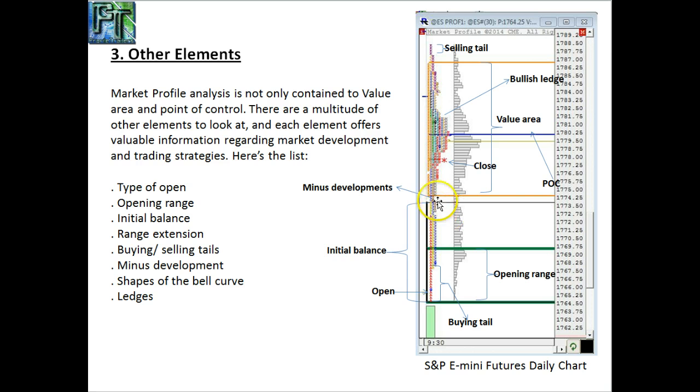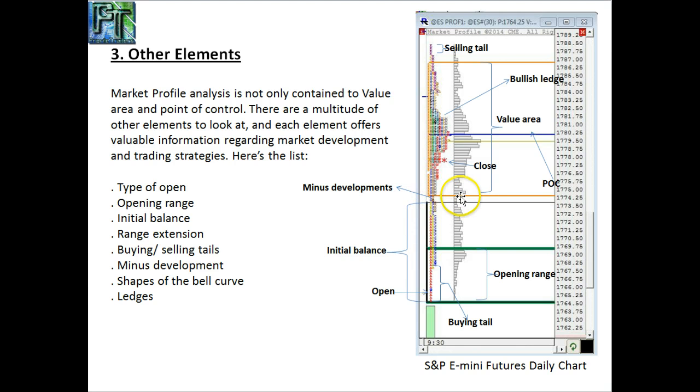Again, minus developments are areas that contain only 2 letters, but this time it's always within the structure of the day's profile, not the extreme high or the extreme lows. It has to be within the middle, like right here. Again, an indication that price moved very fast and those areas were rejected by buyers and sellers.